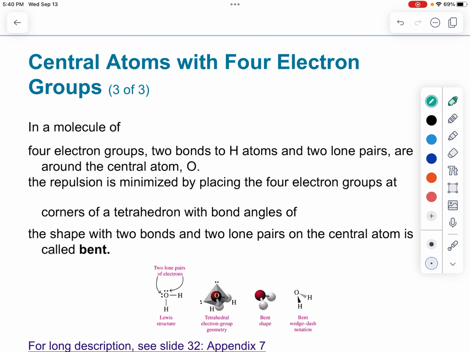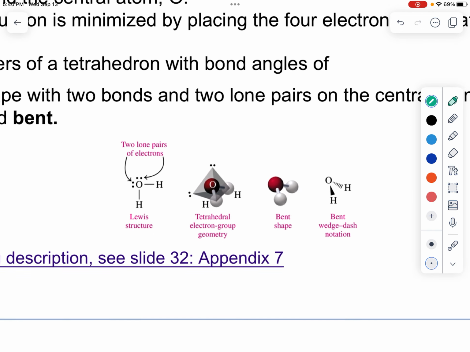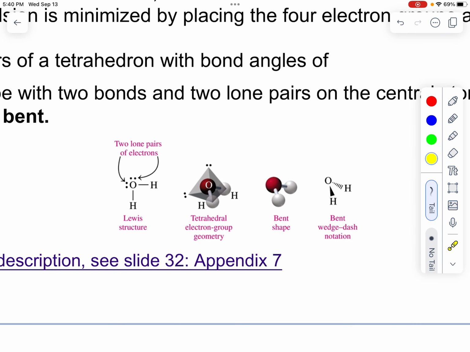Okay, now it's also possible to have 4 electron groups, and 2 of them are unbonded pairs, and water turns out to be an example of this. So here's the water Lewis structure. There's the 4 electron groups: 1, 2, 3, 4.